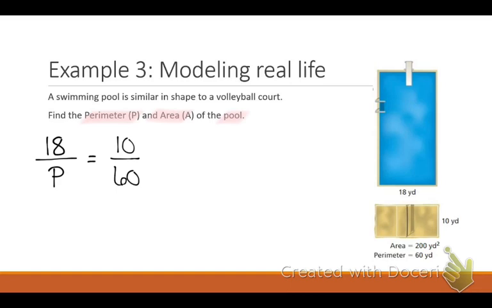The way that I solve this proportion is by cross products. Cross products say I can multiply the terms that are diagonal from each other and put them into an equation. What is 10 times P? 10P. Now 18 times 60, I will allow calculators on your Chapter 2 test.